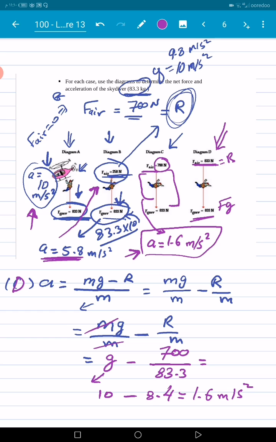In this case the object does not move, because two forces are equal in magnitude and opposite in direction. This one resists the object moving down. This one moves the object down.